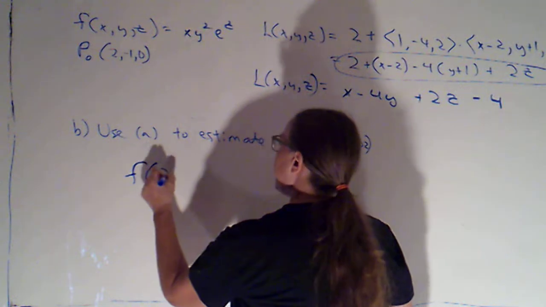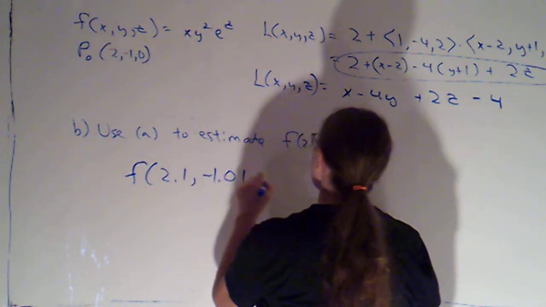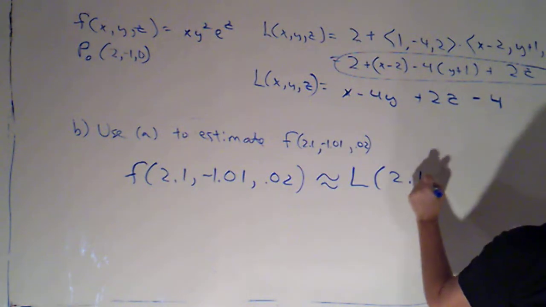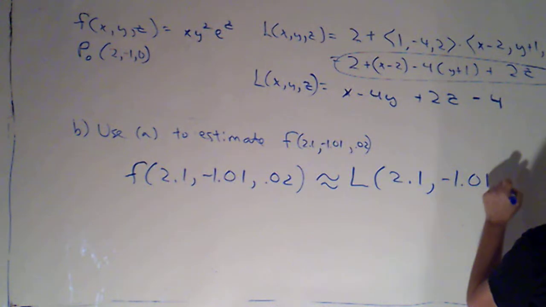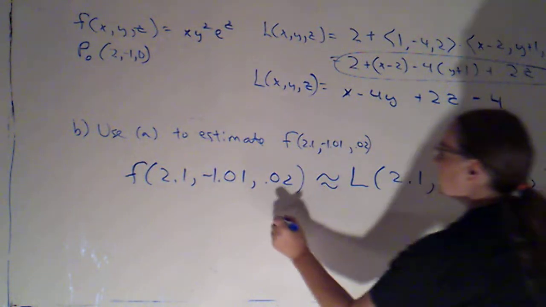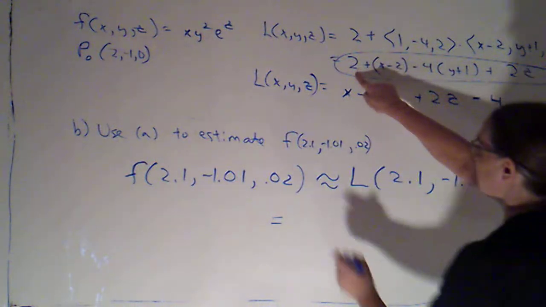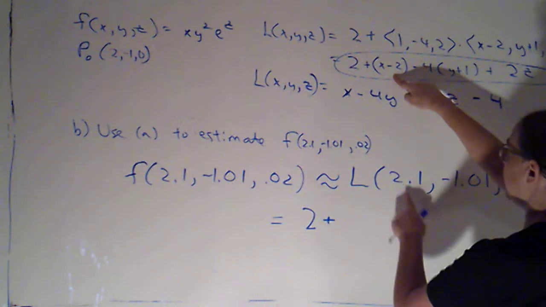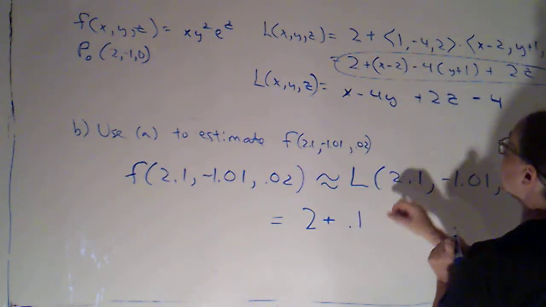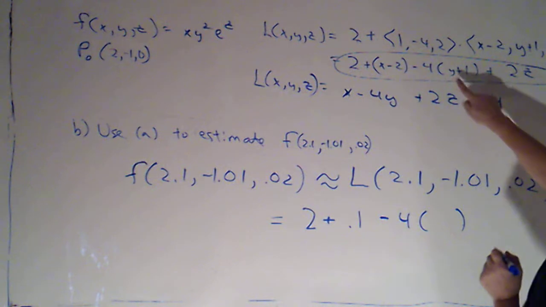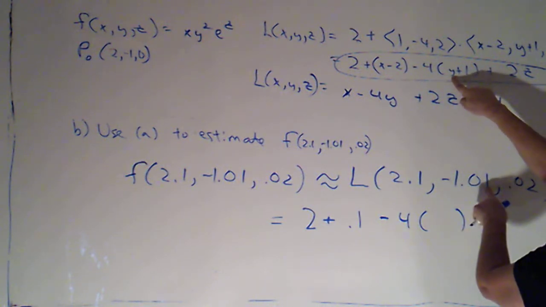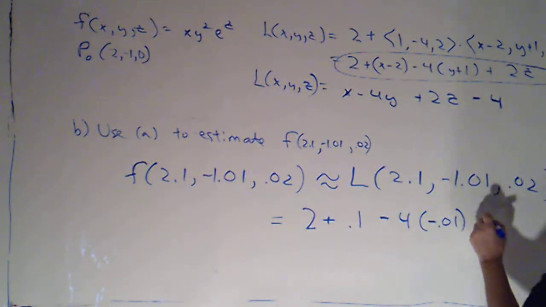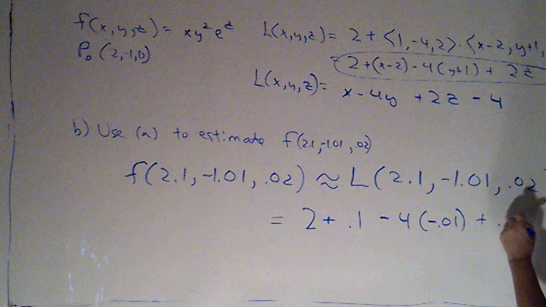So what we're doing is we're saying f of (2.1, -1.01, 0.02) is approximately the same as L of (2.1, -1.01, 0.02). And that would be 2 plus (x - 2), we're plugging in 2.1, so that's going to be the 0.1, minus 4 copies of negative 1.01 plus 1 would be negative 0.01, and then plus 2 copies of z is plus 0.04.